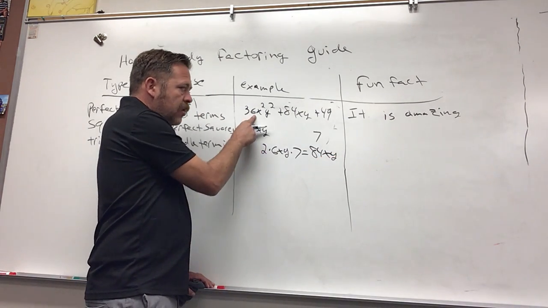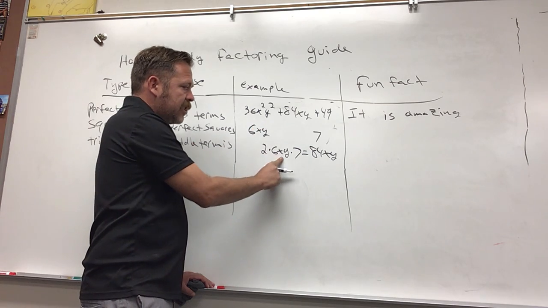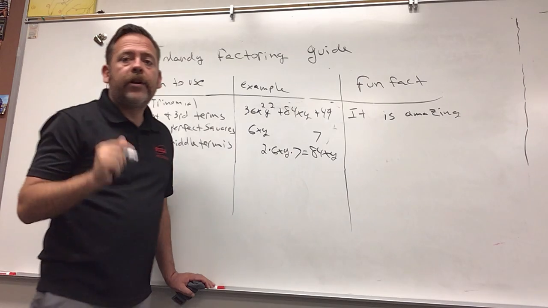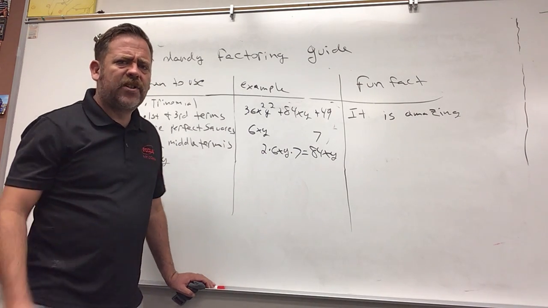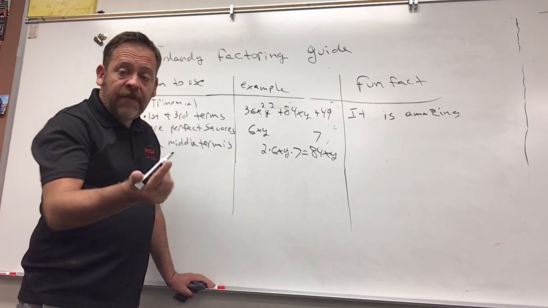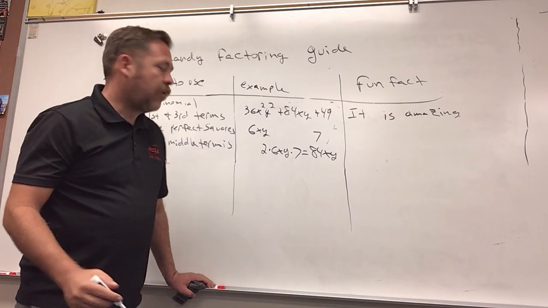So since this is a perfect square, this is a perfect square, and 2 times the square root of this, 6xy, times the square root of that, 7, equals this middle term, we can use this method, and it's really neat. It saves us a lot of headache on some really hard factoring problems. So once you've identified that, to factor, it's really easy. Since it's plus here, our sign in the middle is going to be plus.